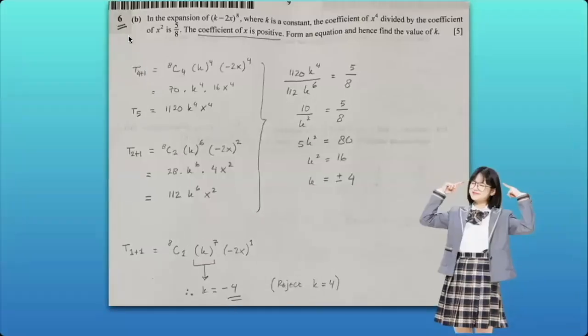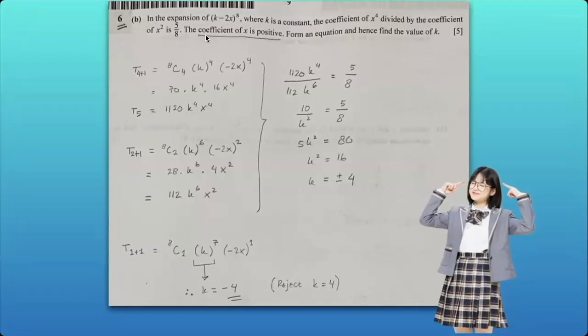question 6b. In the expansion of (k - 2x)^8, k is a constant. The coefficient of x^4 divided by the coefficient of x^2 is 5/8.